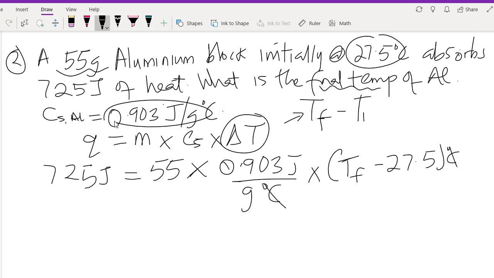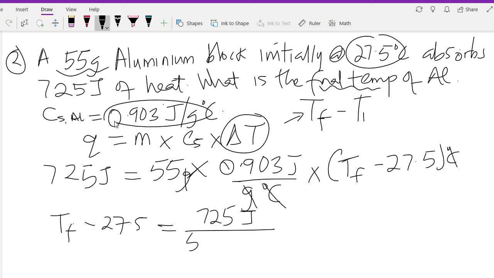So we have this goes away, and our T final, when we rearrange this, is going to be: delta T equals 725 joules divided by 55 times 0.903.